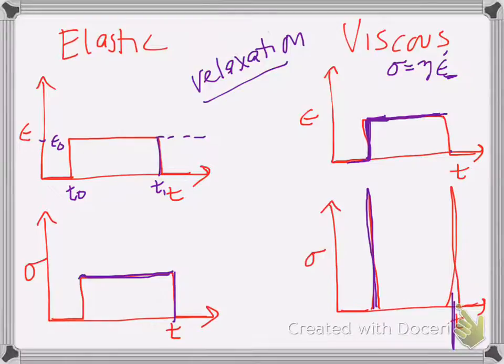I drew it here as positive, but it would be the opposite sense, typically, to get it to go back to a zero. So this kind of behavior where we have a linear relationship with strain and a linear relationship with strain rate does mean that when we work with these elements in combination, we have to deal with ordinary differential equations where we have strain and strain rate showing up in the same equation.